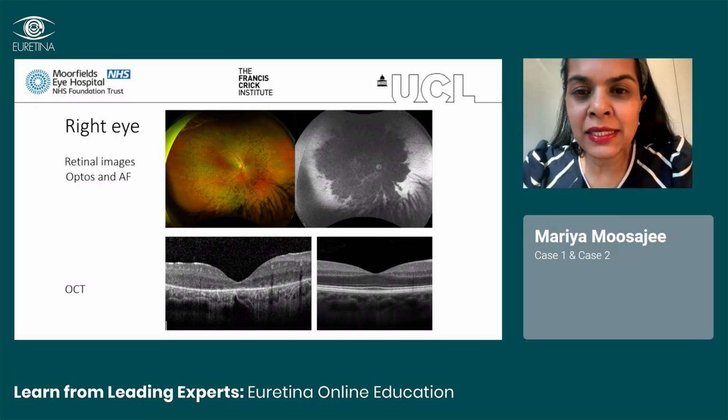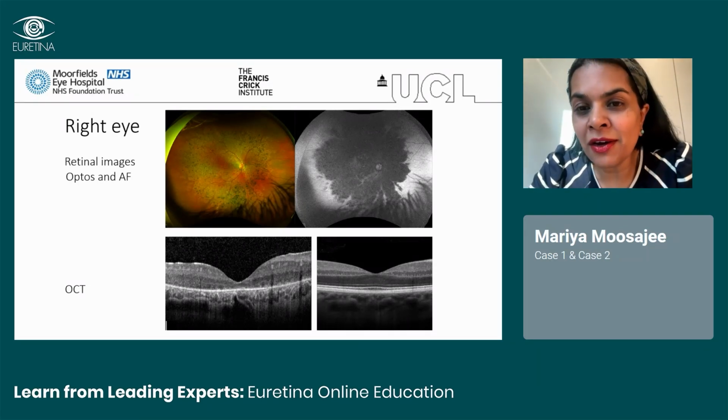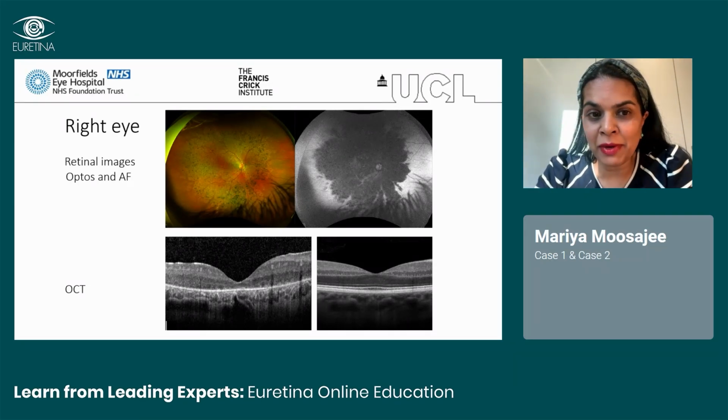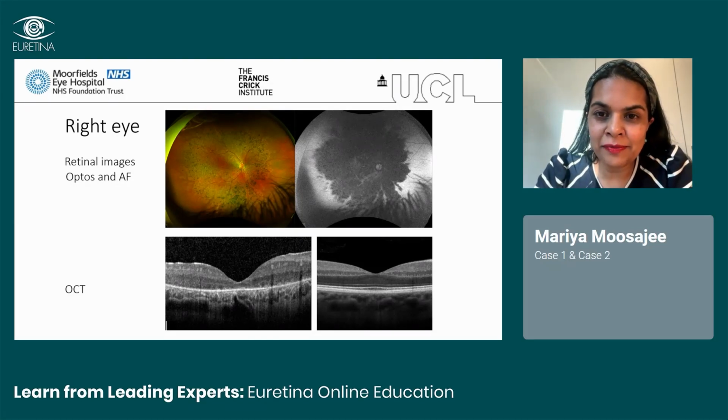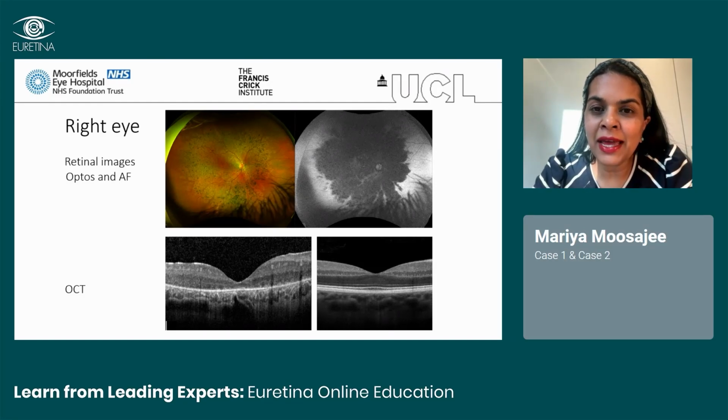So this is just images of her right eye. Both the right and left eye were very symmetrical. What you can see here in the color fundus image is nummular pigmentation, which is widespread across the retina. If we look at the autofluorescence image, we can see an area of hypoautofluorescence.